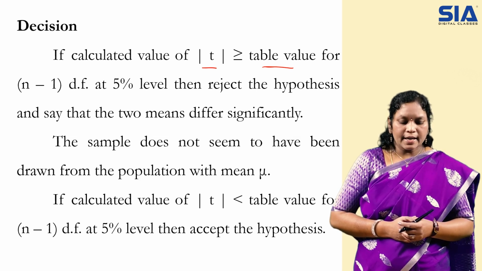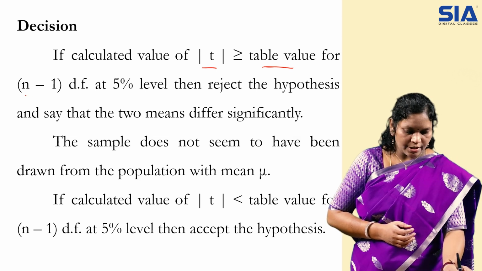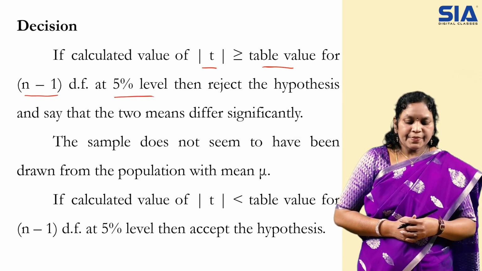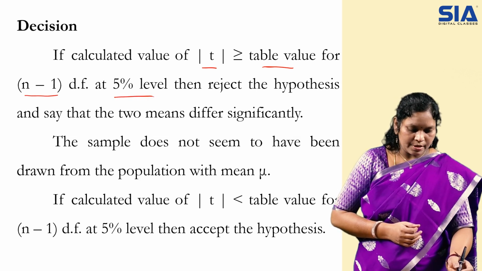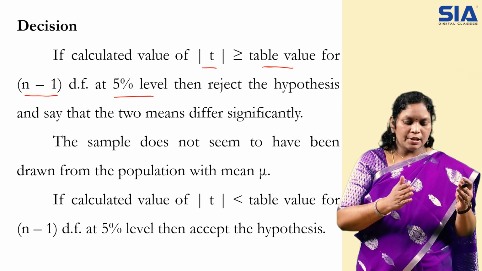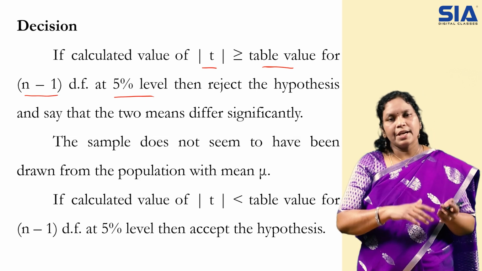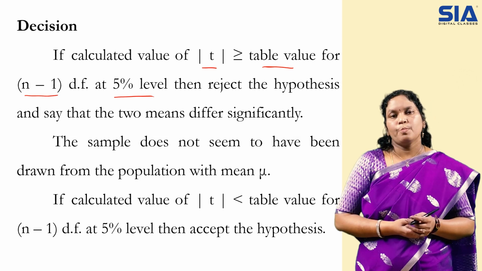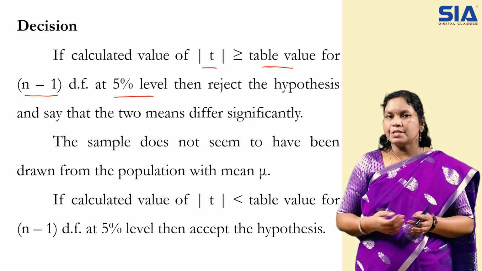For n minus 1 degrees of freedom at 5% level, if the calculated value is greater than the table value, then we reject the hypothesis, meaning H naught will be rejected.